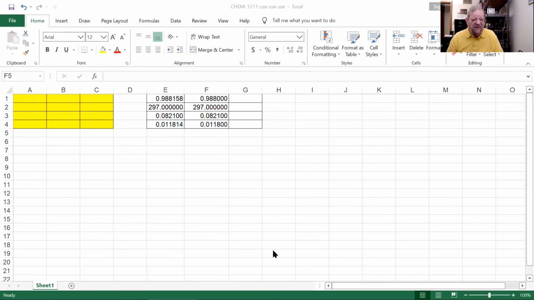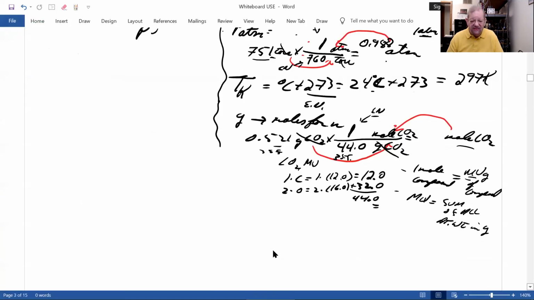All right, let's go back. All right, a couple of people asked, was this correct? And that's a good question. I'll check. 1 carbon is 12.0. 1 times 12.0 is 12.0.